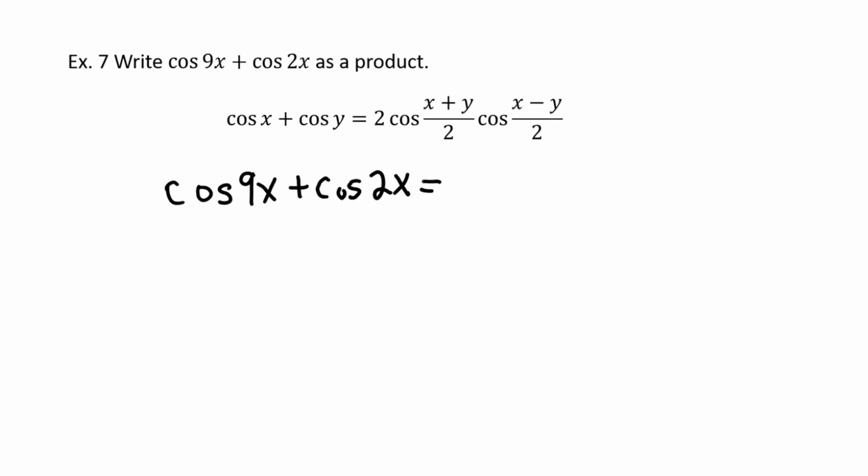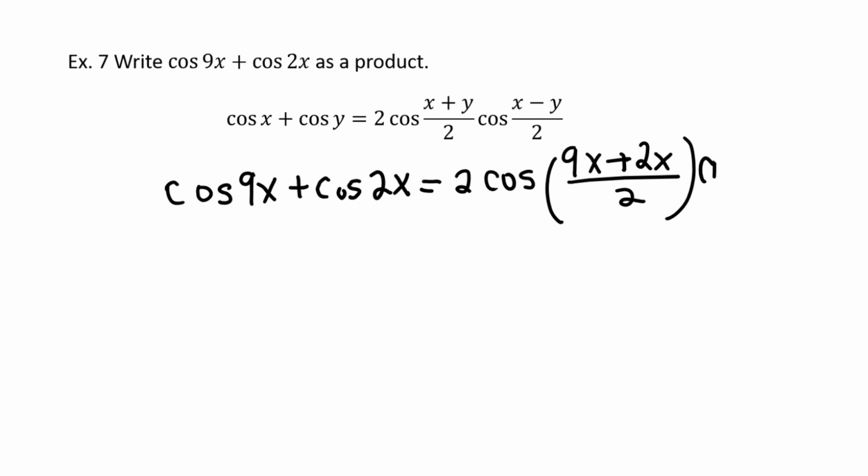We'll do that by writing 2 times the cosine of, and 9x corresponds to the x, plus 2x corresponds to the y, divided by 2, times the cosine of 9x corresponds to the x, minus 2x corresponds to the y, divided by 2.